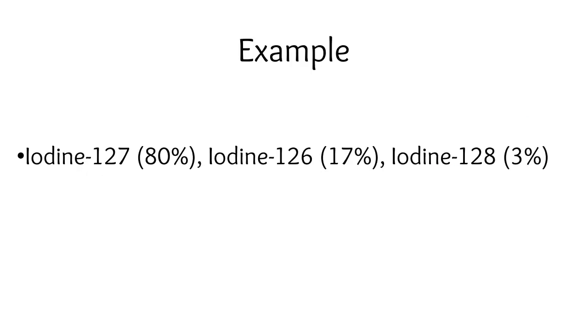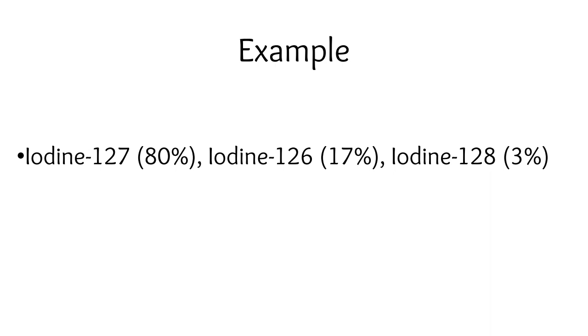The last thing we're going to do is look at an example problem. We are going to go over this during class, but I just wanted to walk you through how to set up one problem so that you've at least seen it before you come to class. So we have 3 isotopes of iodine: 127 at 80% abundance, 126 at 17% abundance, and 128 at 3% abundance. Remember, abundance in percentages should always end up equaling 100%.